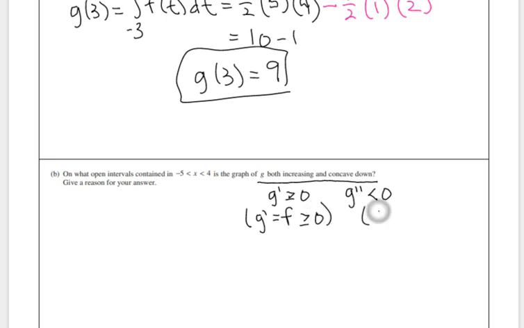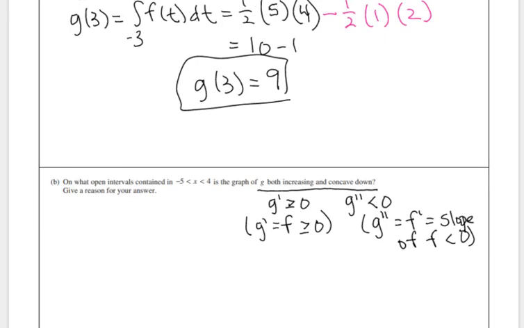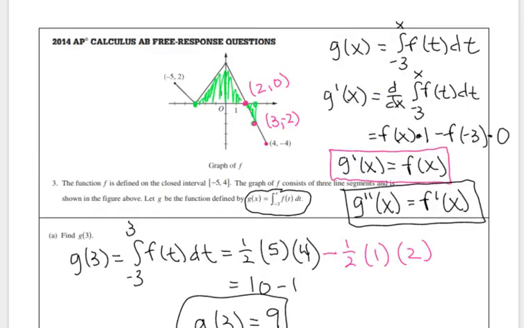For g double prime, which is equal to f prime, the slope of f, we're looking for where the slope of f is less than 0. So if we look at our graph, we're looking for f above the x-axis and decreasing.